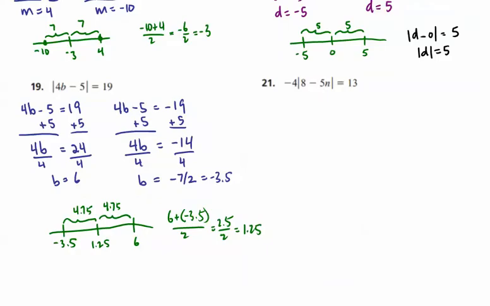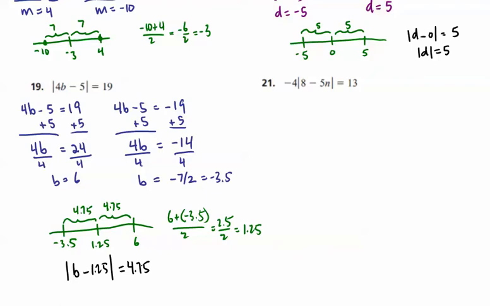So, if we wanted to use that information to construct an equivalent absolute value equation that's simpler than the original one, we would go back to our structure, which is x minus the center, in this case b minus the center equals the distance from the center.